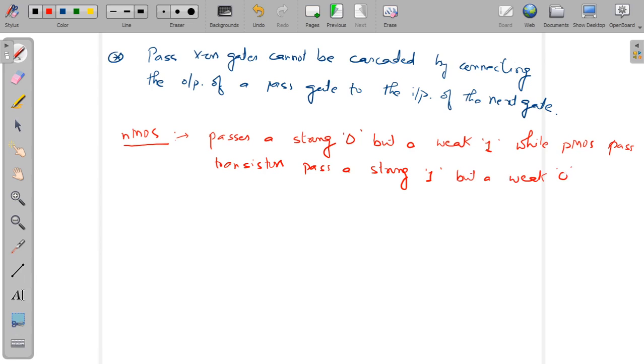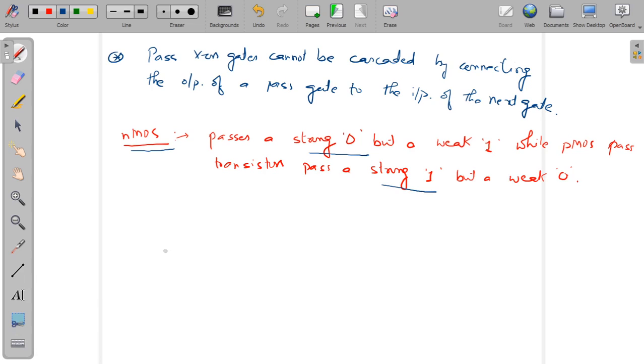That is the complementary operation. So NMOS is passing a strong 0, and PMOS is passing a strong 1, so they are acting in complement to each other. So let's see how this happens.